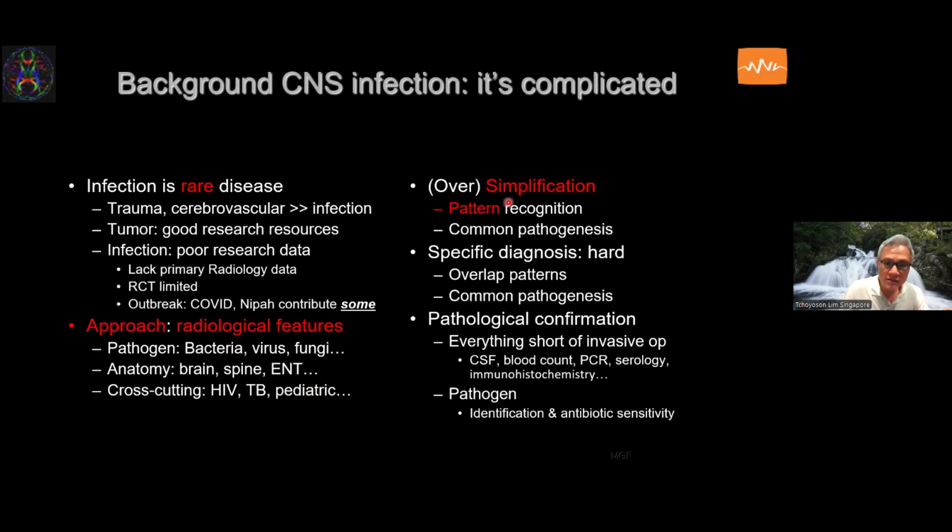This makes much of the radiologist's work an oversimplification of pattern recognition, which is problematic because there is an overlap in the features. In many meningitis cases, we can't tell which organism is causing it. There may be a common pathogenesis and therefore common MRI appearances. And it's important for us to have pathological confirmation because the treatment depends on correct identification, particularly of bacteria, which can be treated if we know the antibiotic sensitivity.